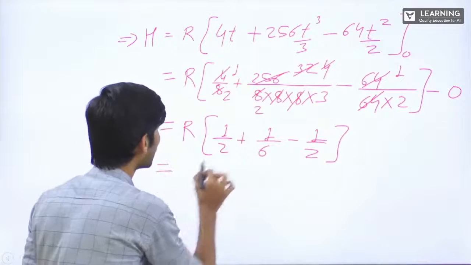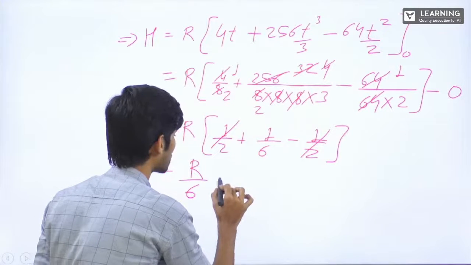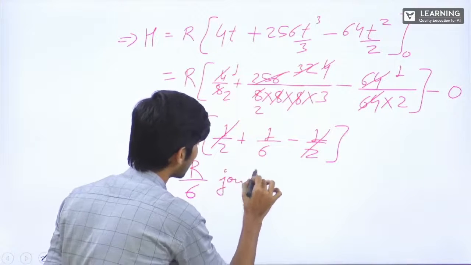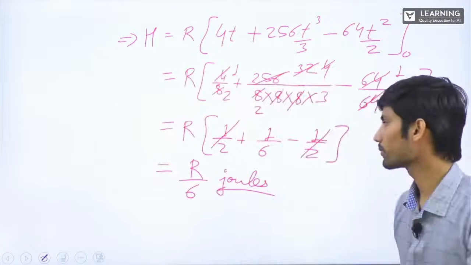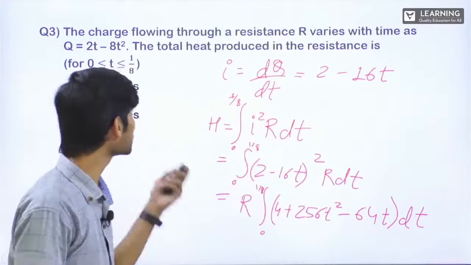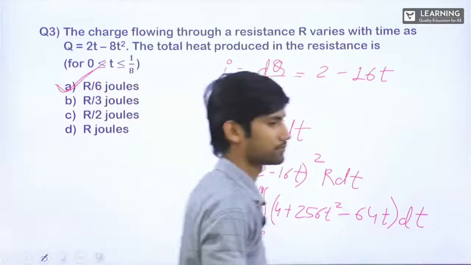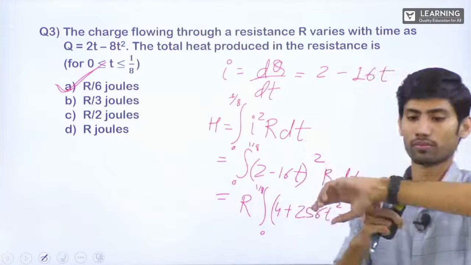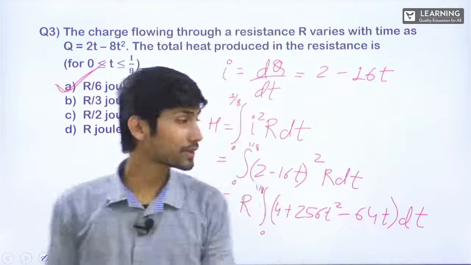That is equal to, half and half cancelled, R by 6 joules, if R is in ohm. Clear? I hope you got the point. When the current is not constant, how to do it? This is our answer. All right. Next.